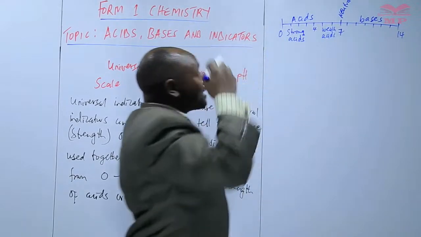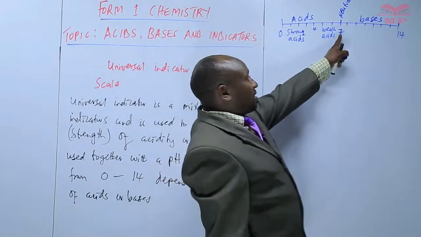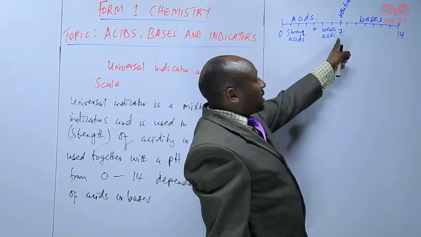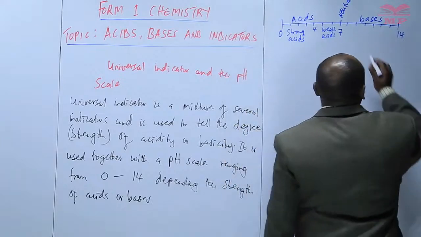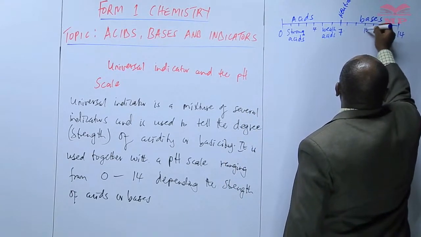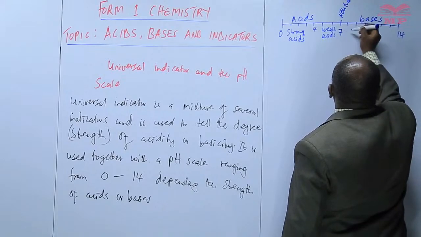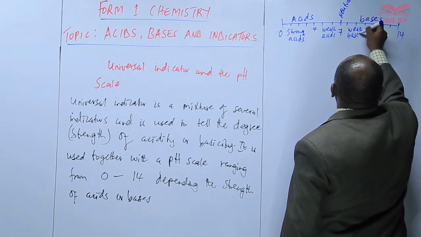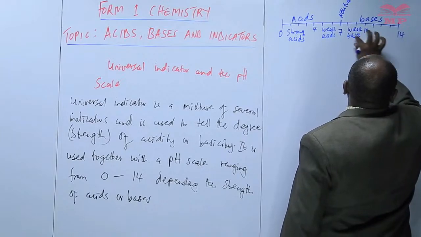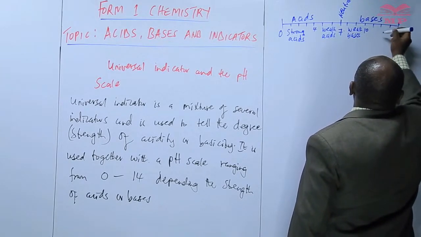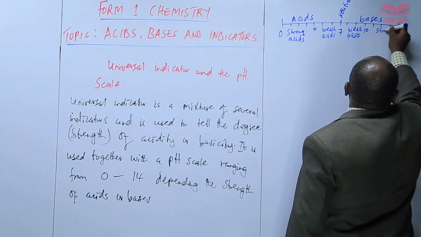So as the acids near the pH of 7, which is neutral, they become weak. Also, the bases 8, 9, 10, as they near the neutral, are weak bases. But as they move away from the neutral, that is 11, 12, 13, 14, these ones are strong bases.